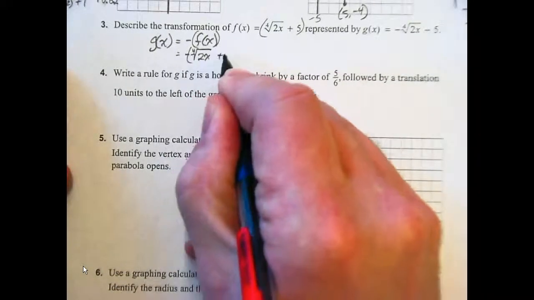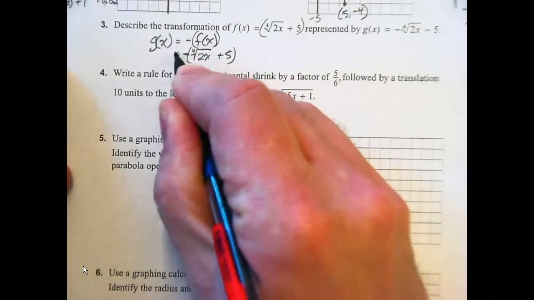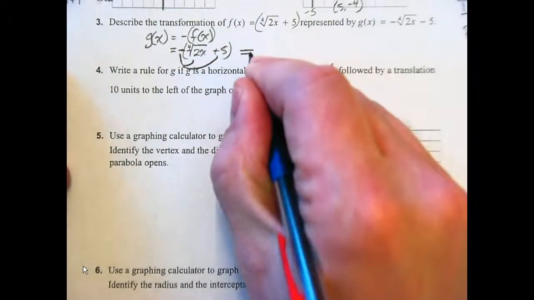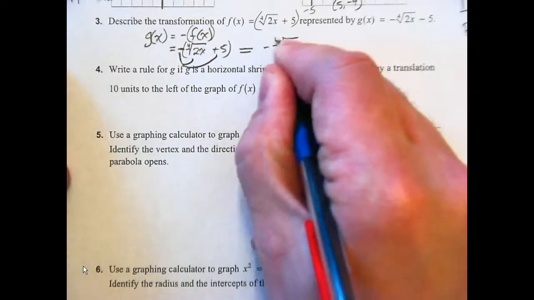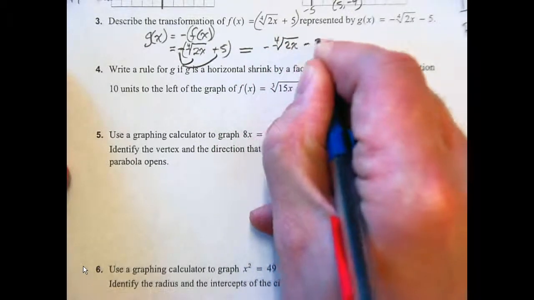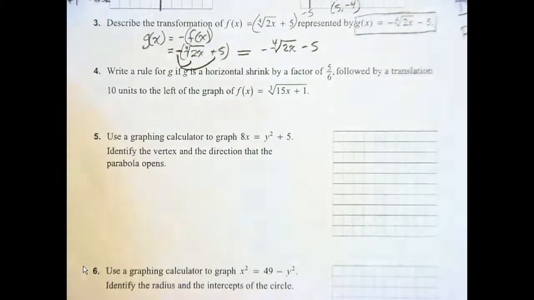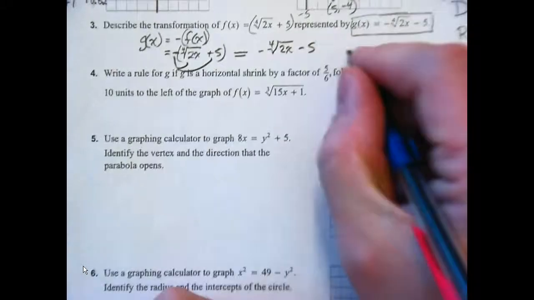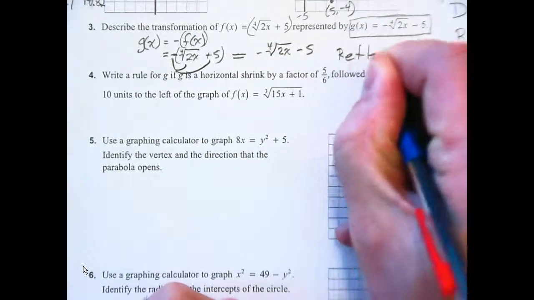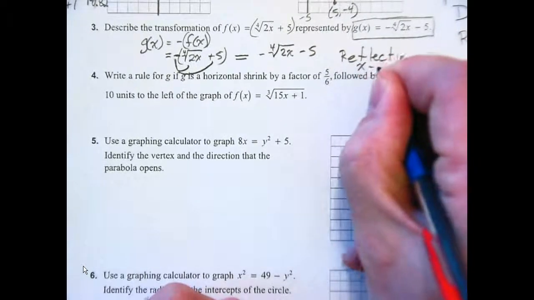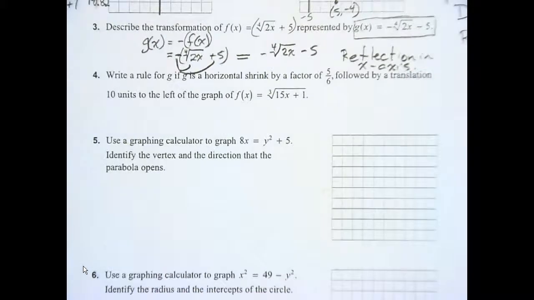And notice that negative symbol distributes into both parts here. So that equals the negative 4th root of 2x, and then minus 5. That's how we end up with that. So very good. This is a reflection in the x-axis. That changes it vertically.